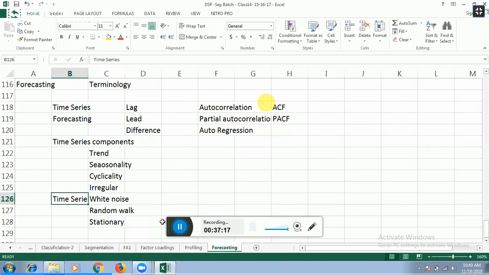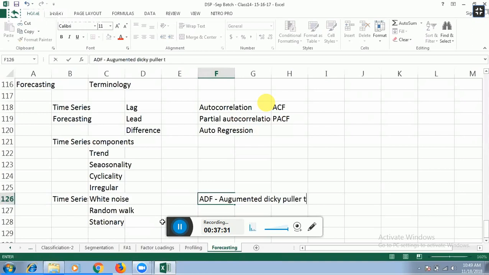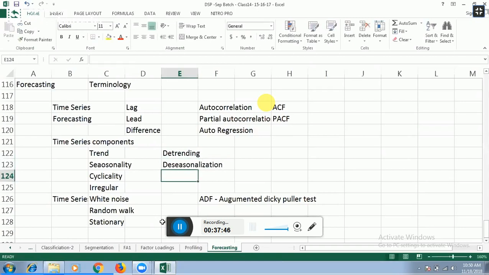That's what we are going to talk about. We also have tests, like the ADF, augmented Dickey-Fuller test. And when we say trend, the opposite is detrending, deseasonalization, and decomposition, also called seasonal decomposition.